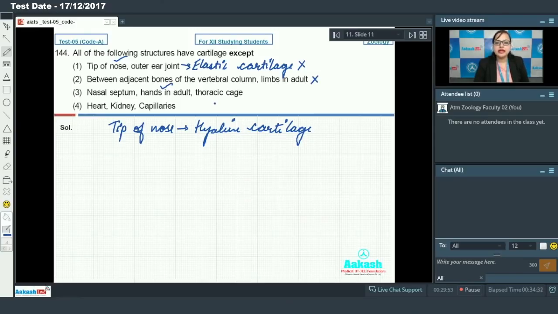And thoracic cage, you know that the end of ribs have costal cartilage. So all these structures have cartilage present in them, so this cannot be an answer. Option 4 says heart, kidneys and capillaries. All these three structures lack cartilage, making option 4 the answer for our question.